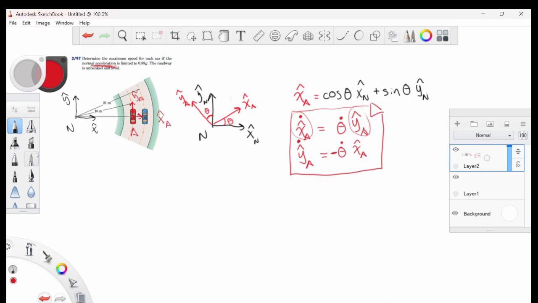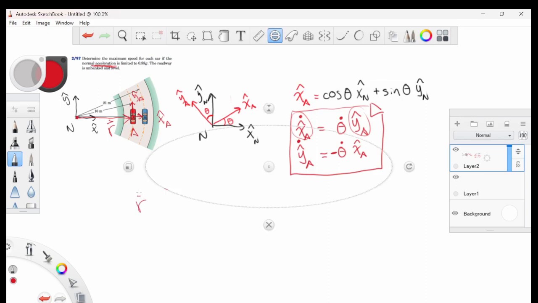To do so, we can create the description of the position of the red car, the vector RA. For simplicity, let's just call this one R. And later, if we have the two cars, we can rename things.